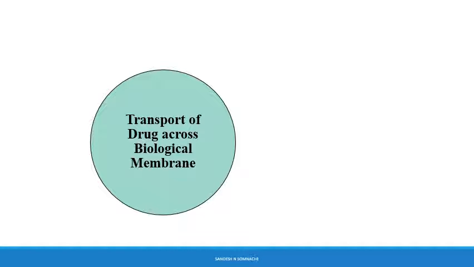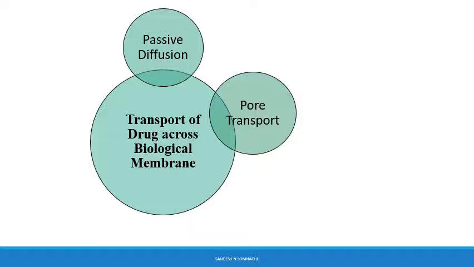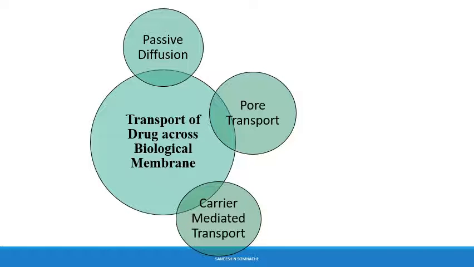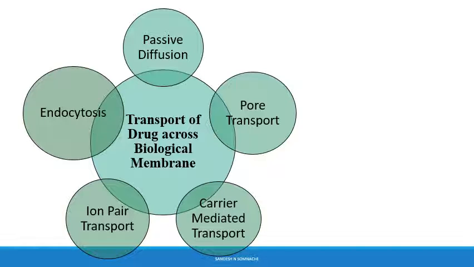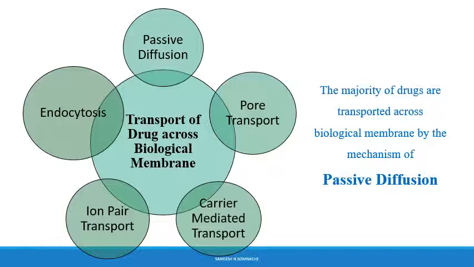Various mechanisms are involved in transport of drug across biological membrane, that is passive diffusion, pore transport, carrier mediated transport, ion pair transport and endocytosis. Out of these, the mechanism of diffusion is a major transport for various drug molecules.